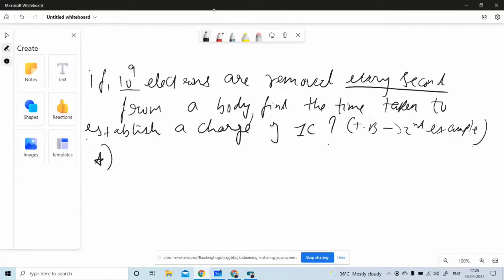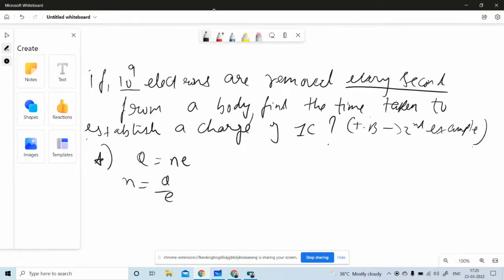First of all, to establish a charge of 1 coulomb, how many electrons are to be removed from the body? We'll find it this way. First, we'll calculate how many electrons are to be removed from that body in order to establish a charge of 1 coulomb, right? And then we can cross multiply. See, by using the formula Q equals Ne, I'll calculate N, which is Q by e.